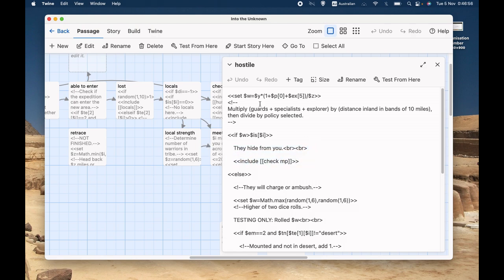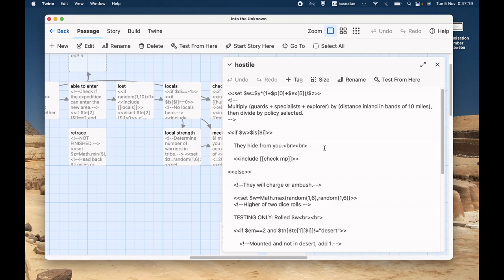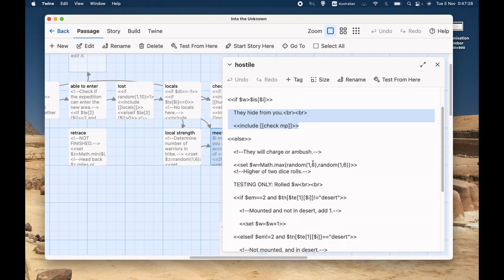In fact, you would only get people hiding from you probably if it was a very small group of warriors, if you were quite far inland, or if you had tried a hostile type of approach, one of the lower numbers. We tried a friendly approach, and we were in quite close to the city, and we had a smallish group, so there wasn't really any chance that they would hide from us.